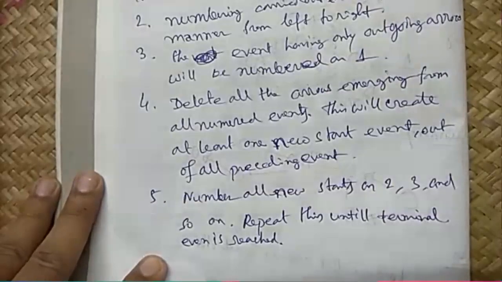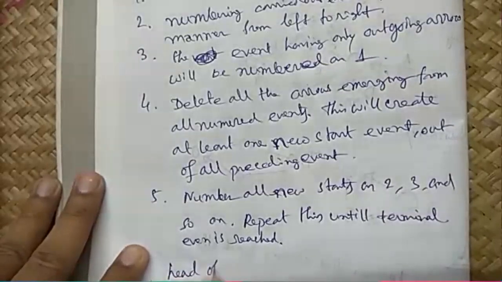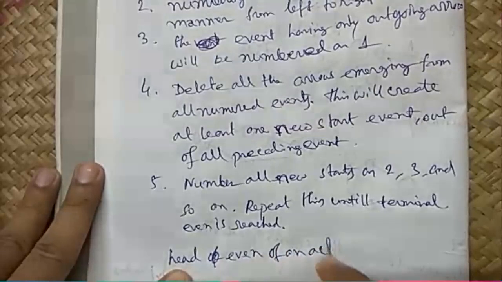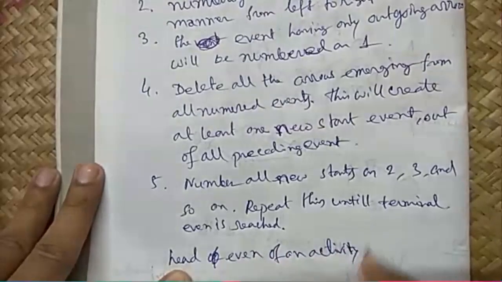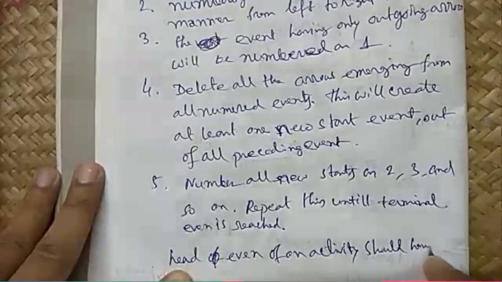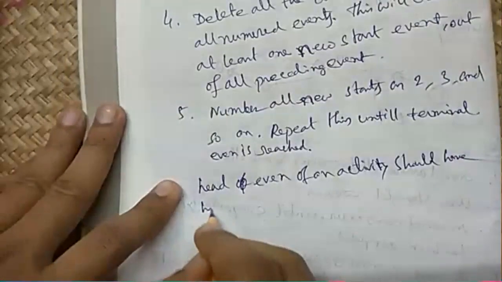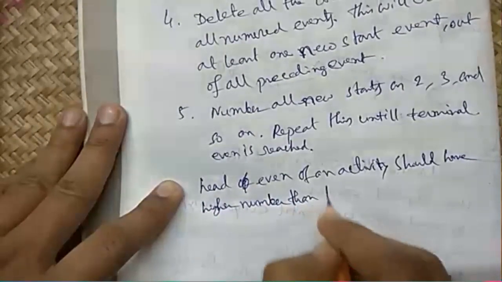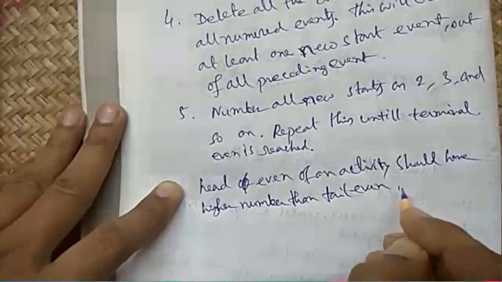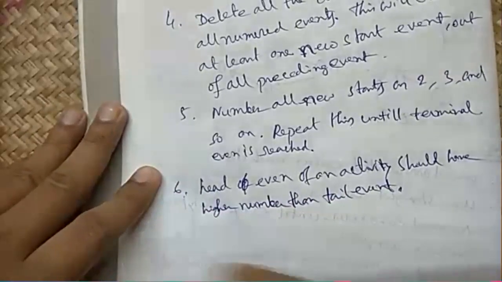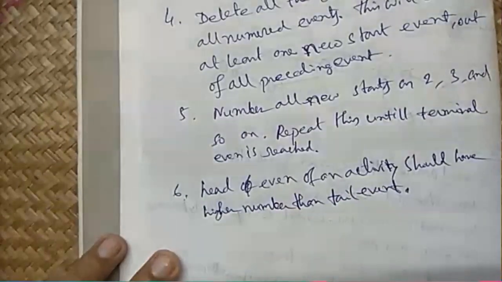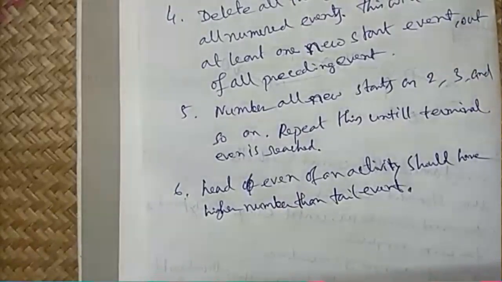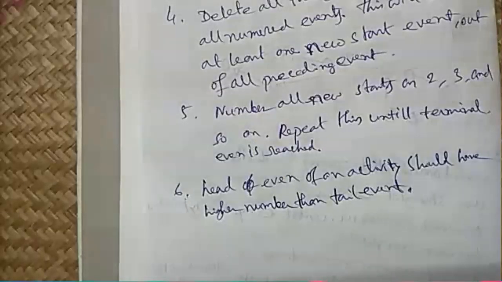Now the head event of an activity should have a higher number than the tail event. Say call it 6. So you have to take care of all these rules when you are constructing a network. Now we have very less time today, so we will end here for today.